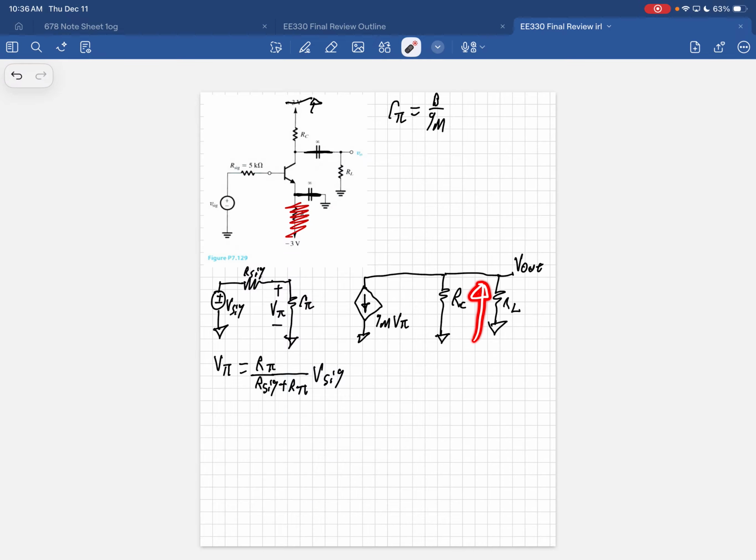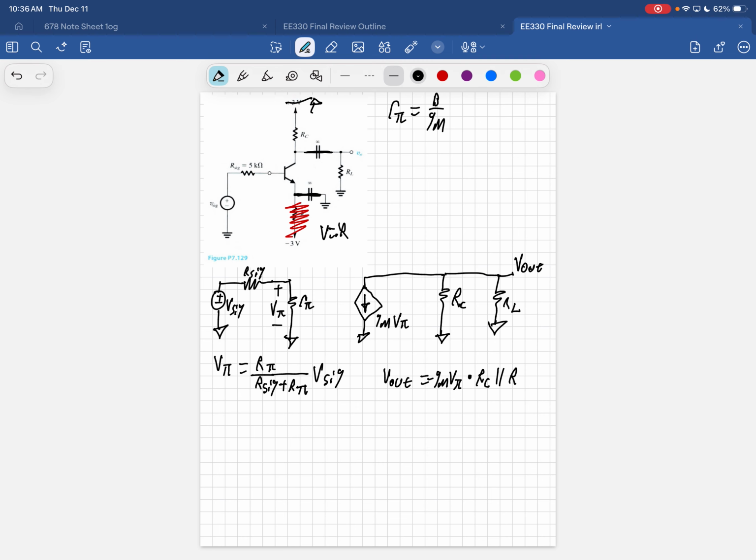Our current through the load and through our RC is going to come up. V equals IR, and we want to know V out, so V out equals negative GM times V pi times RC in parallel with RL.